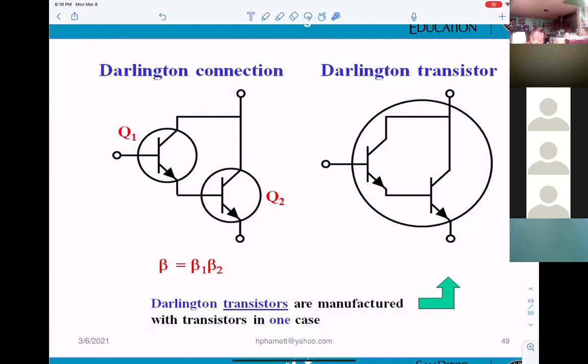You understand the formula will be IC equals beta 1 times IB, or it can be equal to beta total times IB. So if you get a beta 1 of 100 and beta 2 of 100, the current gain will be very, very high. Okay? That's it.